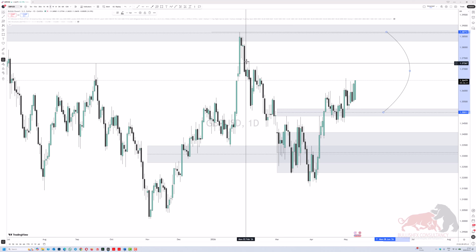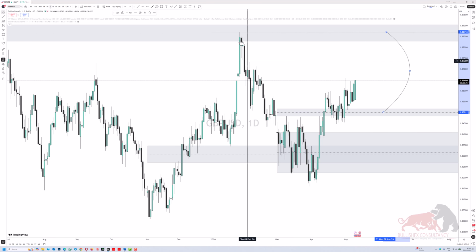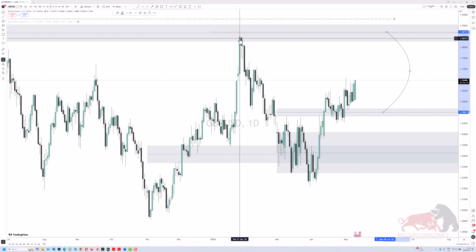So on the daily time frame, pound USD has spent a few months trading under bearish pressure following the rejection from the 26 highs, that is the $38.24. But eventually price found a strong base around the $31, $32. We're talking of this range here.